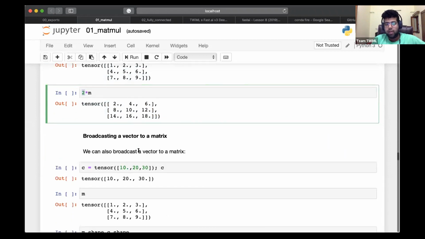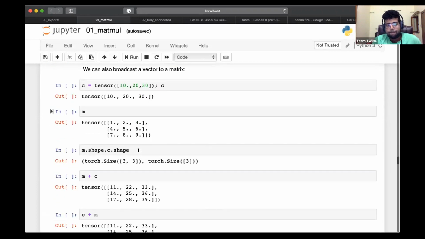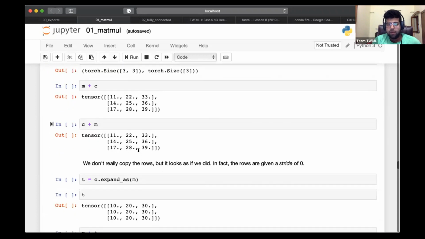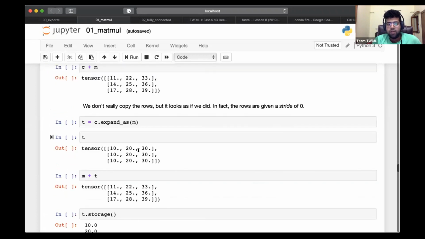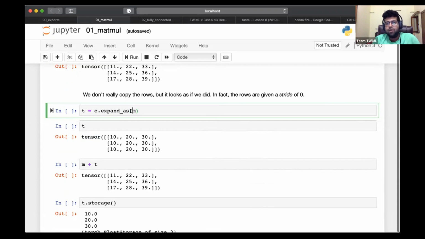This will again in the next step help us cut down the runtime furthermore. There are more examples of it. I'm just skipping over them because those are really covered in the lesson. If you want to check how broadcasting is done, there's this function inside of PyTorch, if I remember correctly, which is expand_as. So if you want to see how the C tensor gets broadcasted to the M tensor, you can expand it as your target tensor using this function.